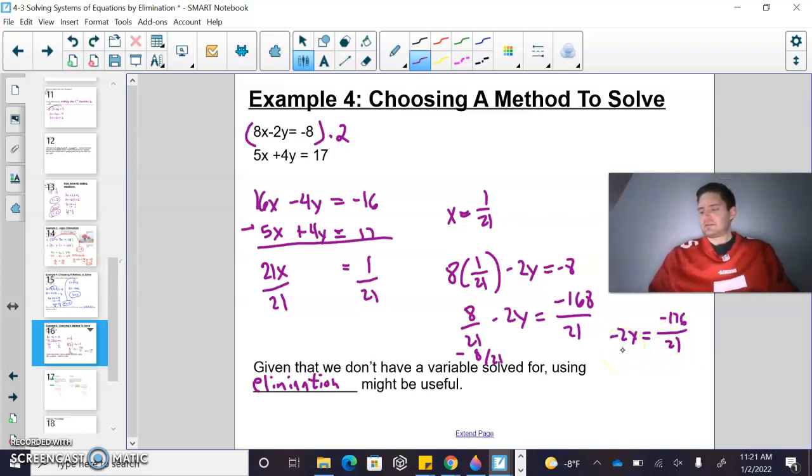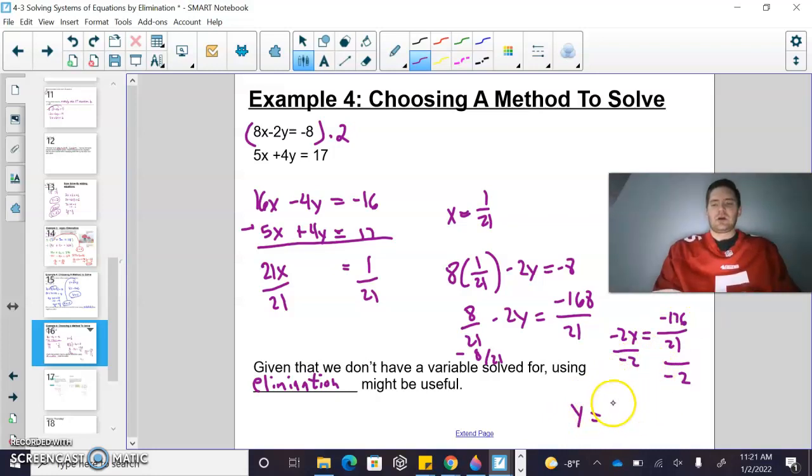And then we just divide this by negative 2, which means we can just multiply. Well, then this just continues to get uglier and uglier, but that's okay.